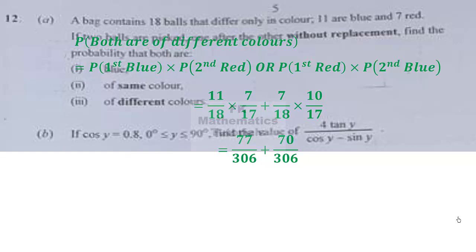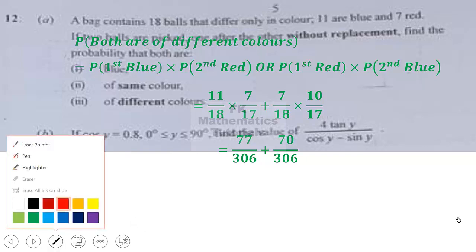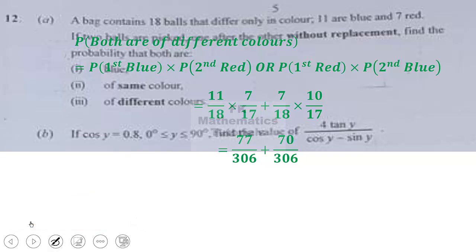The first being red is 7 over 18, times the second one being blue.